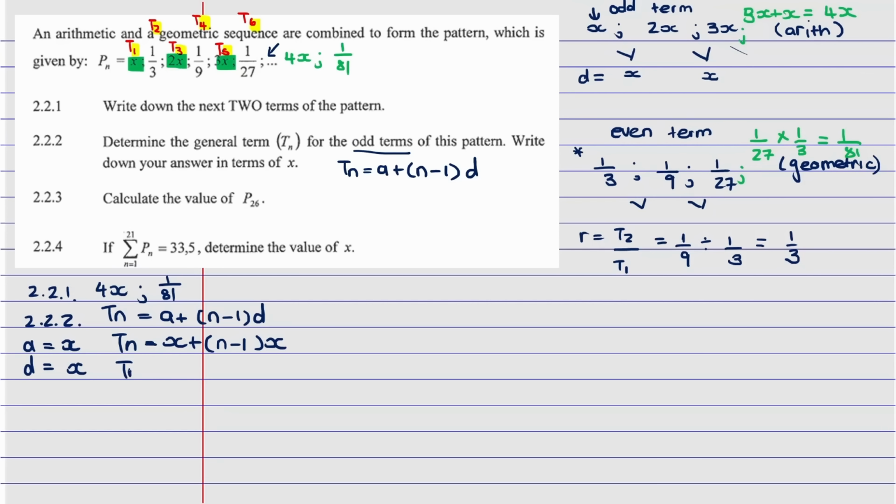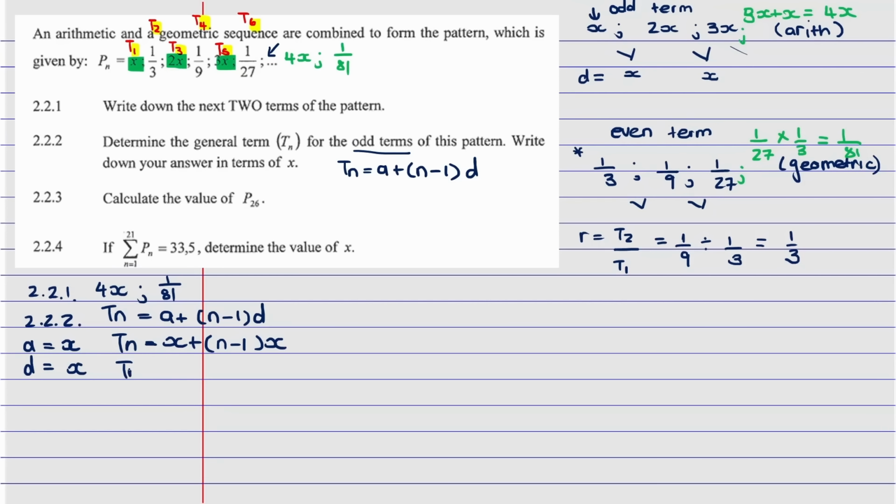We know that the odd terms are arithmetic, so we need to split it into two. And the even terms are what? A geometric, right? So the only way to find P26, we need to determine whether this 26 is even or odd.